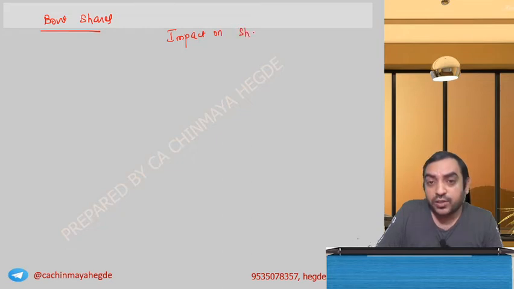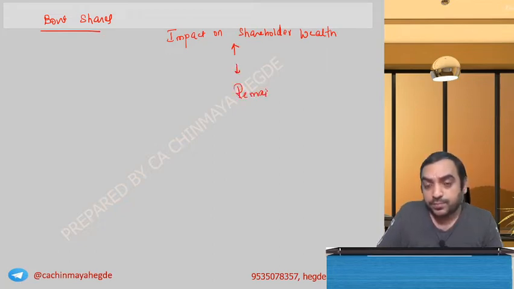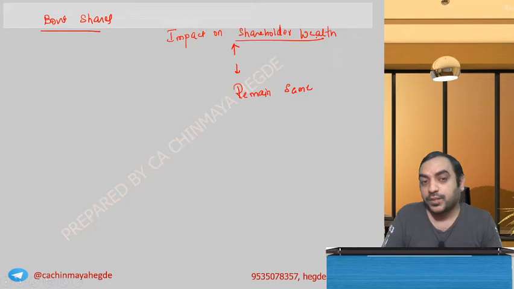In the sense, when bonus shares are issued, shareholders' wealth will increase, it will decrease, or it will remain the same. What do you think? The bonus shares will not have any impact on shareholders' wealth.